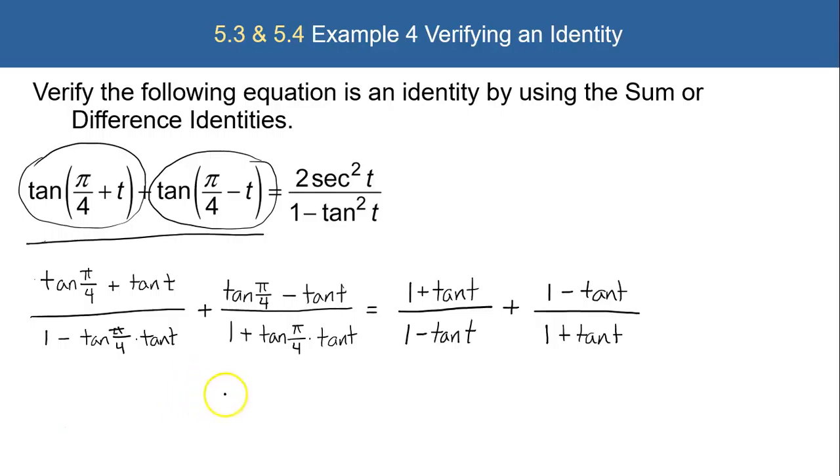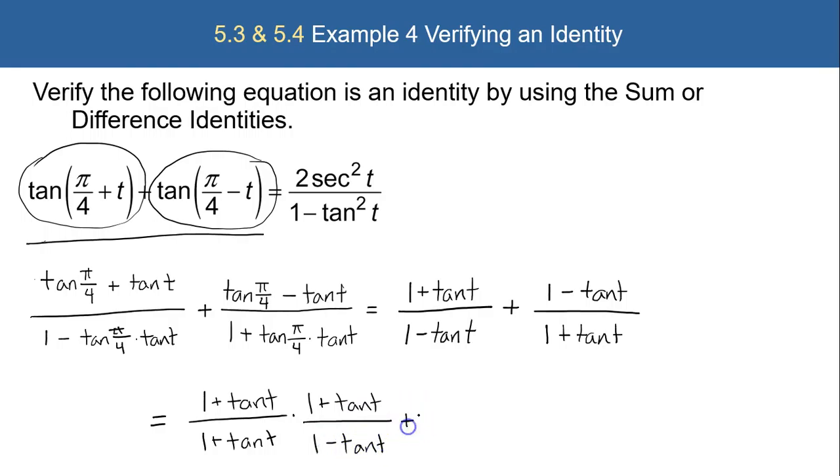So we end up with 1 plus tangent over 1 plus tangent times 1 plus tangent over 1 minus tangent. Then add that to, multiply by the factor that this denominator doesn't have, which is 1 minus tangent.